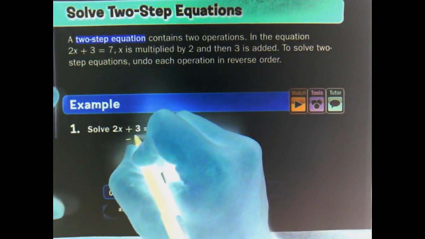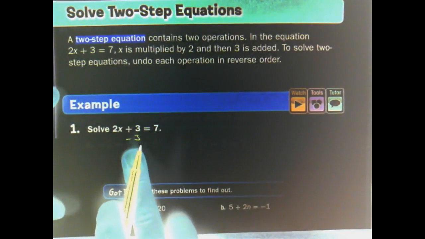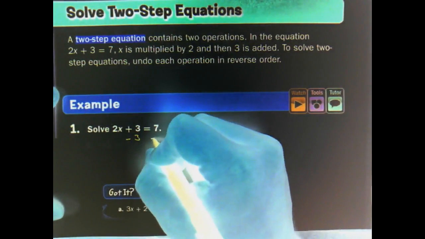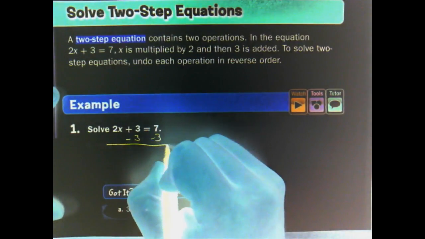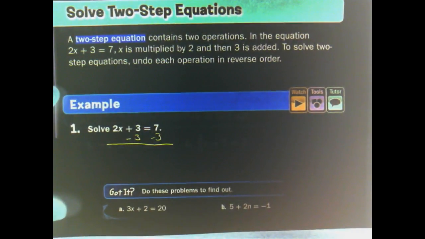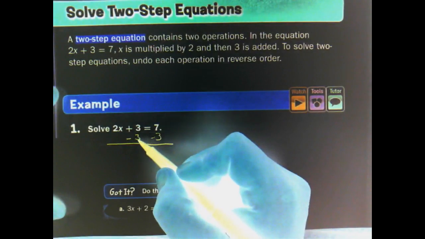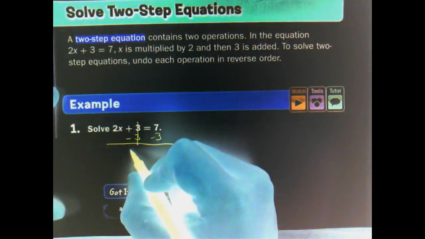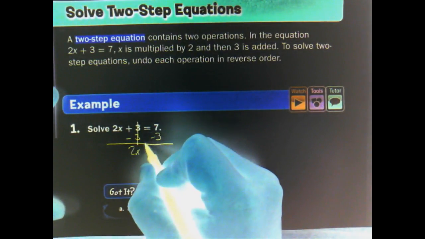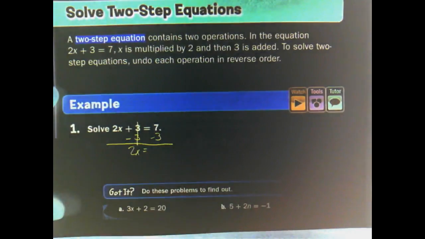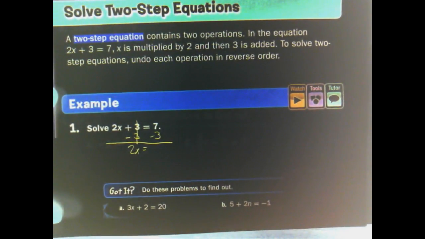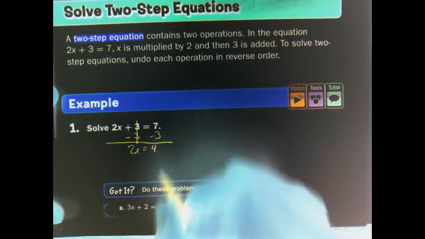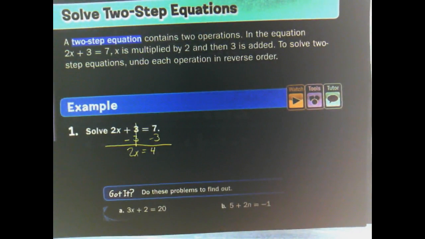So I want to subtract 3 from the left side of the equal sign and the right side of the equal sign. I'm going to draw this line and make it a big subtraction problem. 3 plus a negative 3 equals 0, so the 2x comes down. Transfer my equal sign down. 7 minus 3 is 4. So now I have the equation 2x is equal to 4.